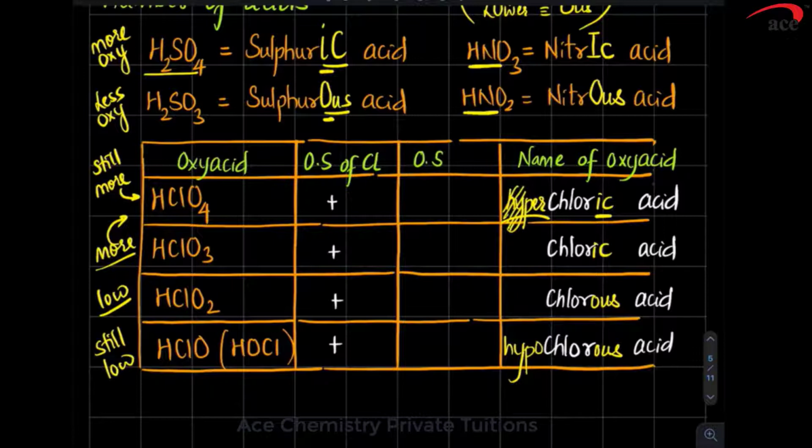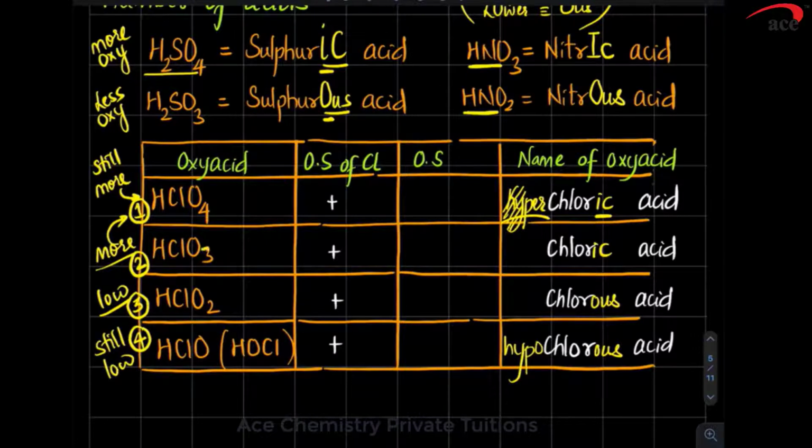So what is the name of this first acid? It is perchloric acid. What's the name of the next acid? Yes, chloric acid. What's the name of the next acid? Third one. Chlorous acid. What's the name for the next one? Hypochlorous acid.